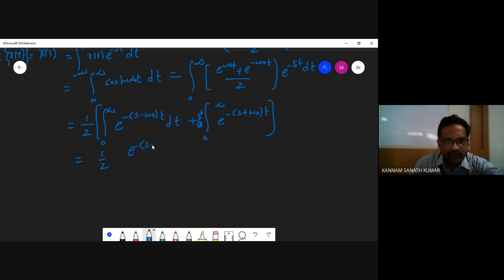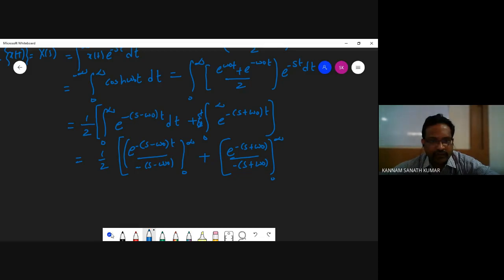So we get 1 by 2 times e power minus (s minus omega naught) t divided by minus (s minus omega naught), plus e power minus (s plus omega naught) t divided by minus (s plus omega naught), between the limits 0 to infinity.